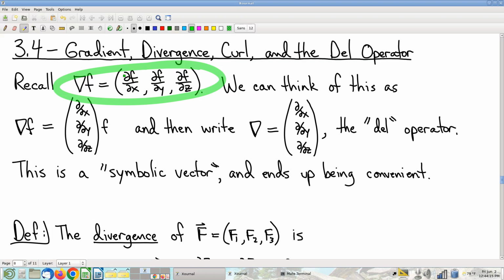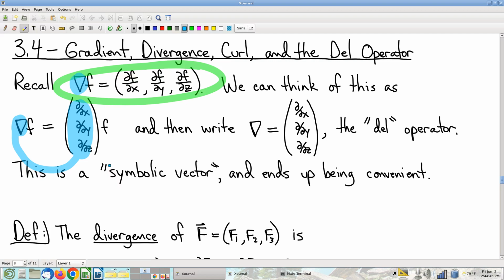Its magnitude is the maximum directional derivative, etc. It's a lot of things. I want to distinguish the gradient, though, from this symbol here that computes it. So think of this symbol as just the action of computing the various partials, arranged as a vector. That's all that one little symbol is.